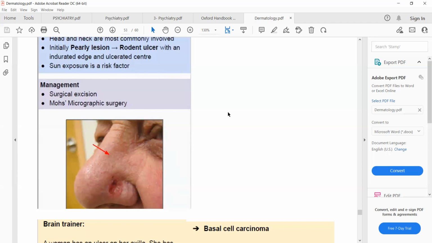They are papules, and in basal cell carcinoma there is an ulcer. Molluscum contagiosum is common in children and immunocompromised patients, and basal cell carcinoma is common in older people. Basal cell carcinoma usually appears as a single lesion, while molluscum contagiosum will have multiple lesions.